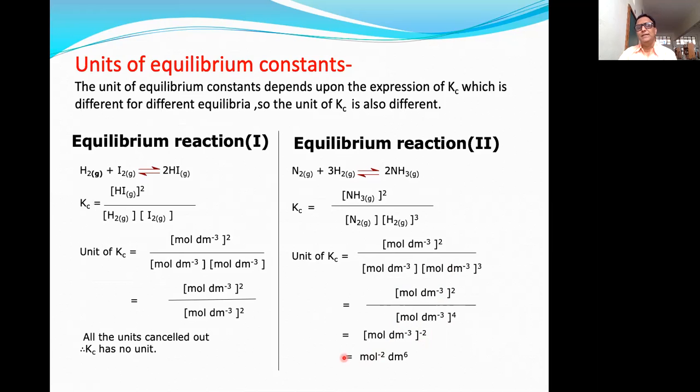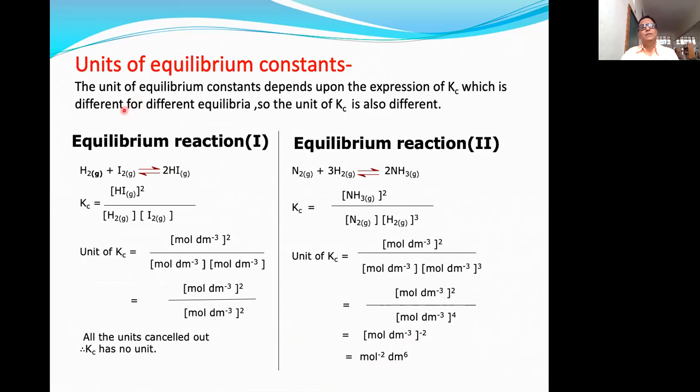So we will get Kc equal to, in bracket, mole per dm cube raised to minus 2. If you solve this bracket, you can write Kc equal to mole raised to minus 2 into dm raised to 6. So these are the units for equilibrium constant.